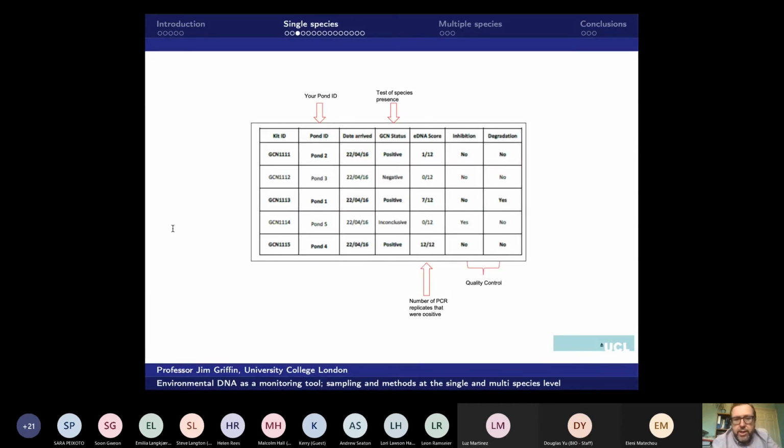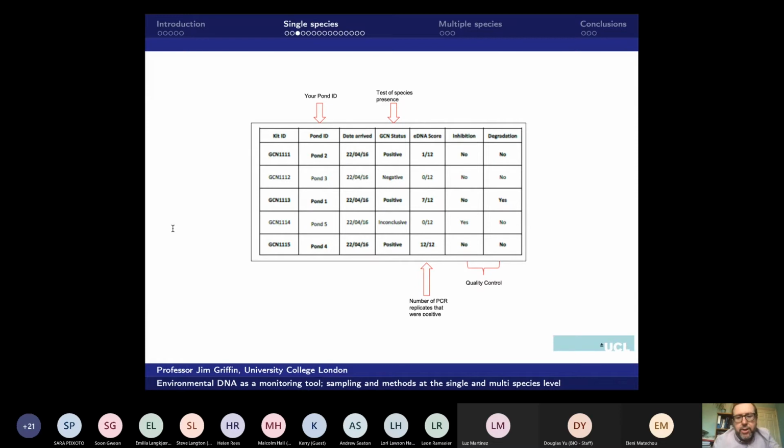So this is an example of some data. We have different ponds. Here we're interested in great crested newt ponds, and we have a score, this eDNA score, and that tells us out of how many PCR replicates, how many positive results we get.